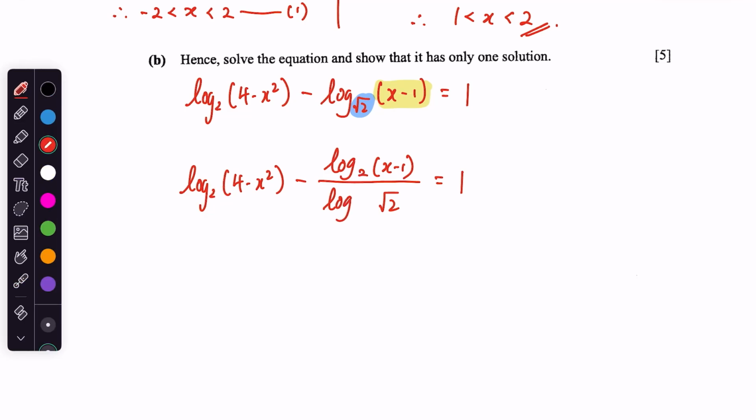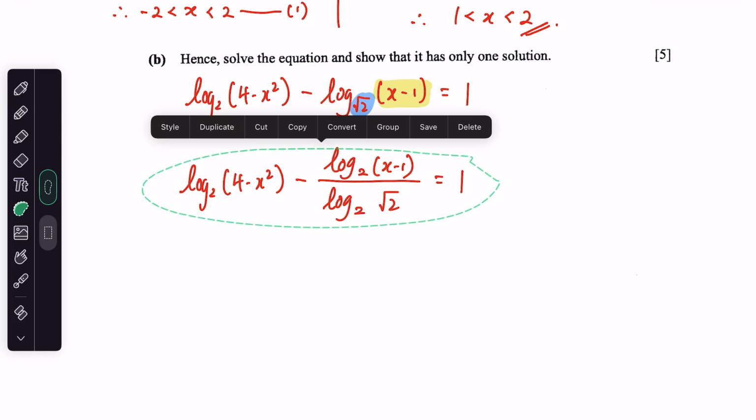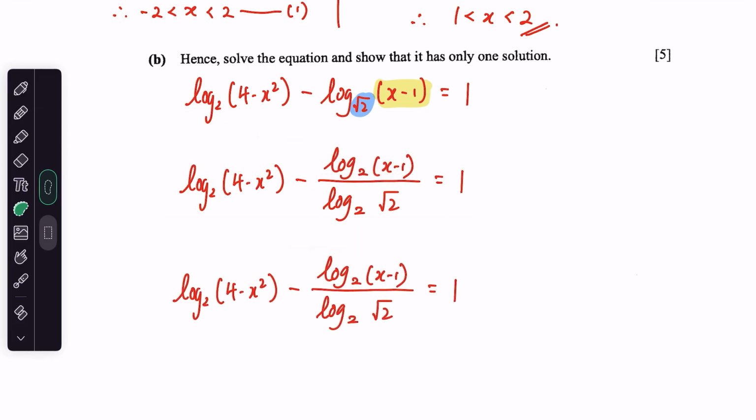Okay. The next step will be to realize that I can actually write the root 2 as 2 to the power of half. Okay, 2 to the power of half. And then actually I can take the half and I can bring it outside. So let me just do that in one step. I'm going to write the 2 a little bit bigger, and then I bring the half out.